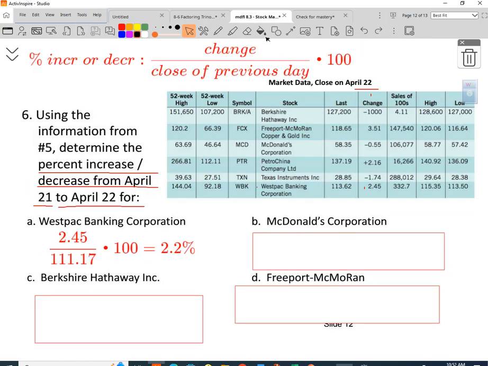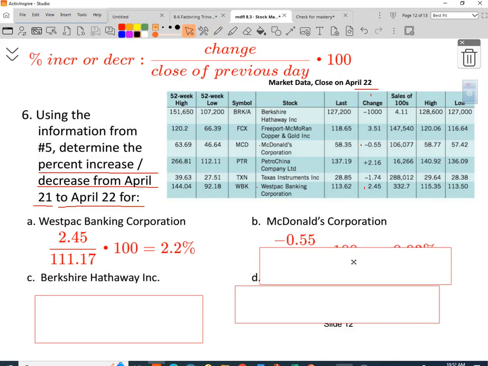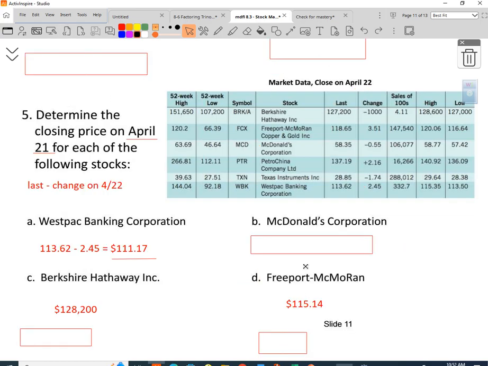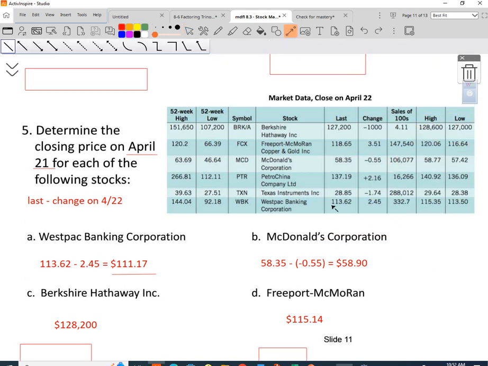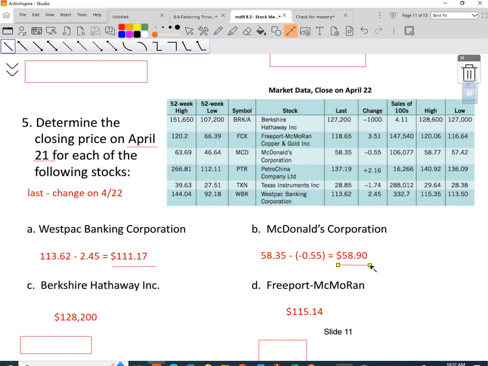So for McDonald's, we're using a negative 55-cent change, so that is in our numerator. We're dividing by McDonald's previous day closing price, which we found is $58.90.